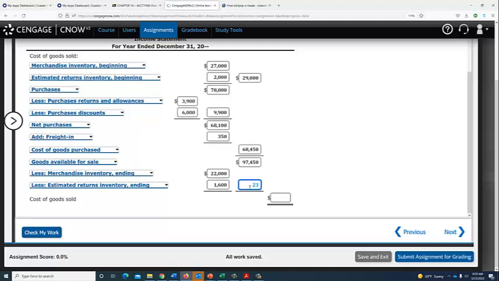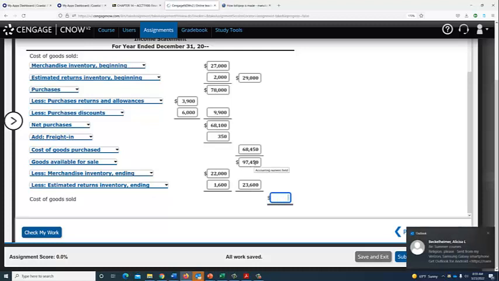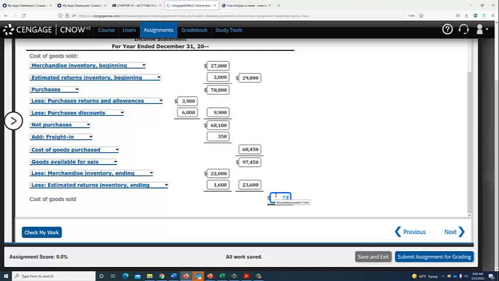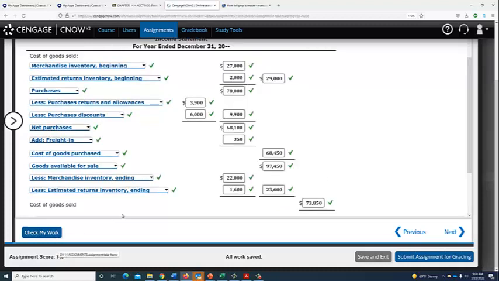And our total ending inventory is $23,600. And so our cost of goods sold is then the $97,450 less the $23,600, which will give us $73,850 as our cost of goods sold.